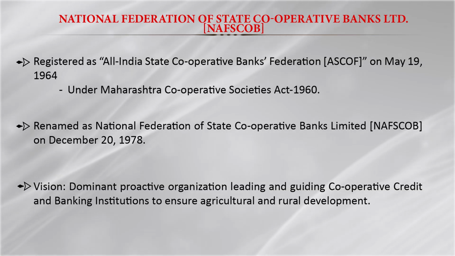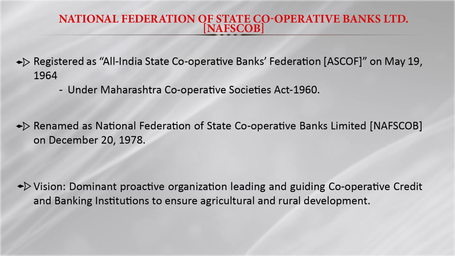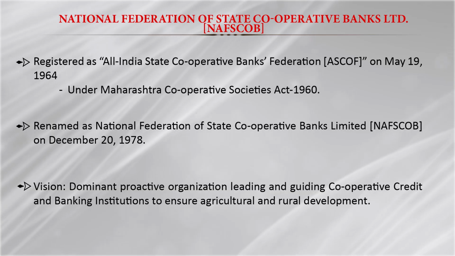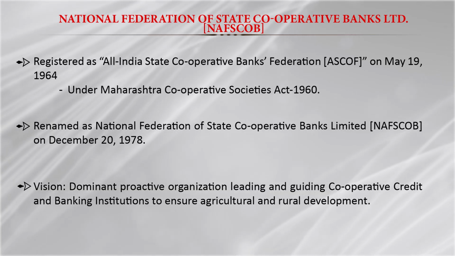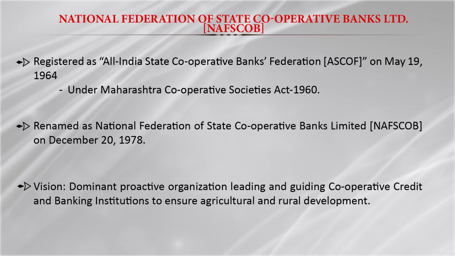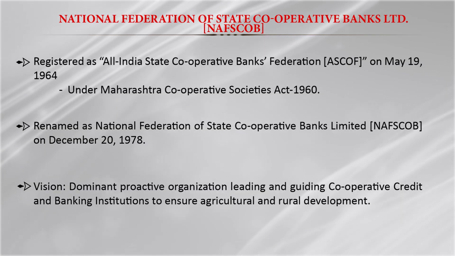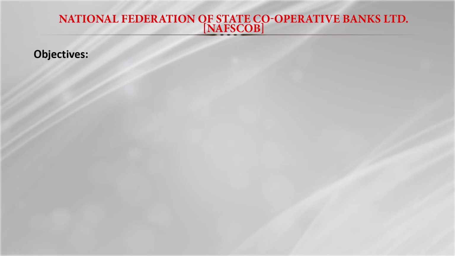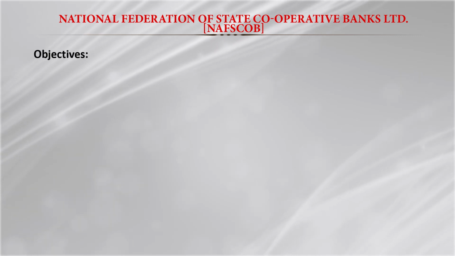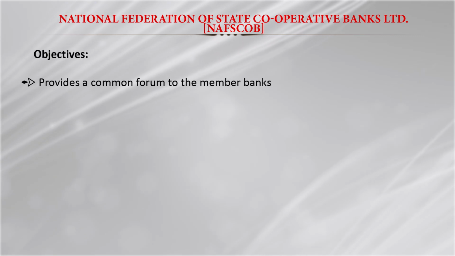So they want to have the role of a dominant proactive organization for the development of cooperative credit and banking institutions, so that they can ensure agriculture and rural development in the country. And the basic objective of this National Federation is to provide a common forum to the member banks.